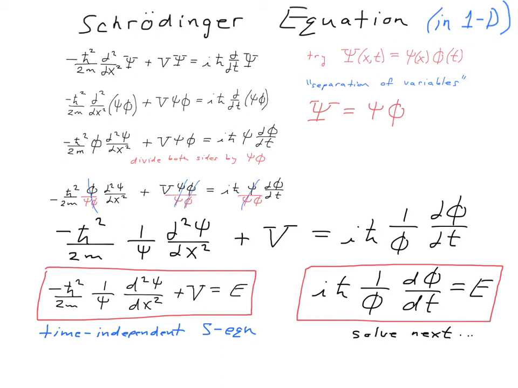So that's what's going on here when we change these little script d's to these little full d's. It simply reflects that in these equations, each of them has only dependence on a single variable that we're taking derivatives with respect to. And so we can write those respective derivatives as full derivatives.